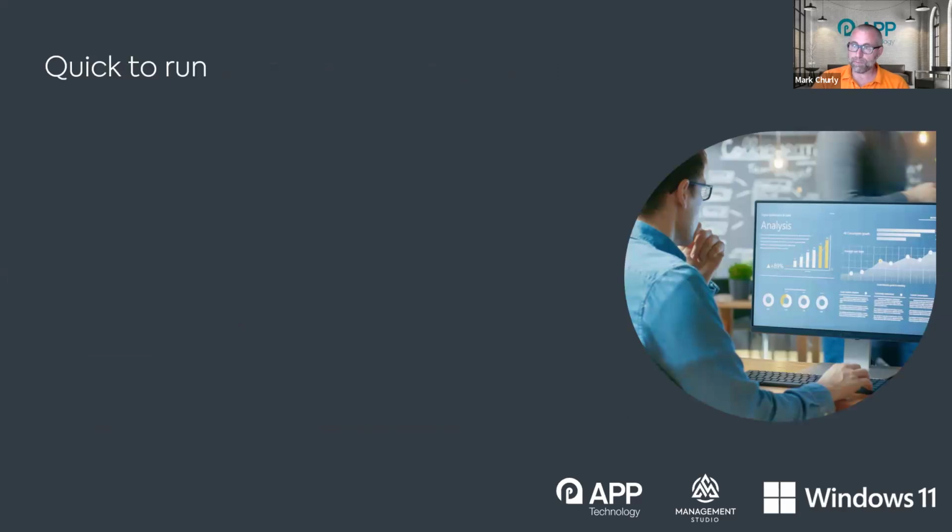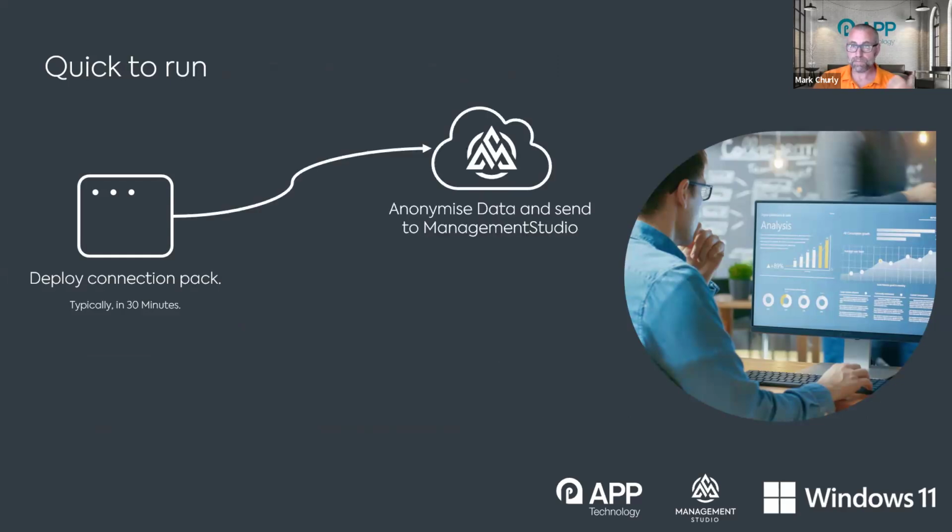Getting set up to run our Engage workshop is extremely painless. It's very quick to run. What we do is we will deploy a connection pack to a machine in your estate, and typically that will be over a Zoom session or a Teams meeting. That data will be anonymized into the ManagementStudio cloud, so no sensitive business information is able to be identified outside of your organization.